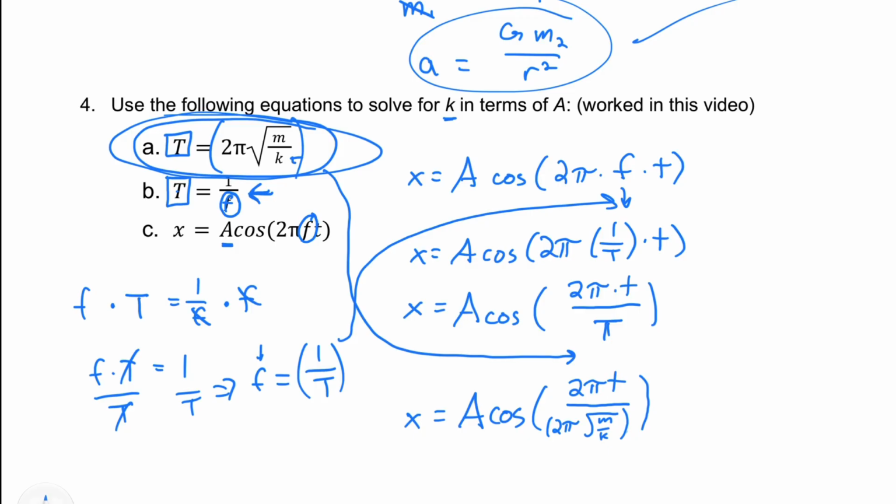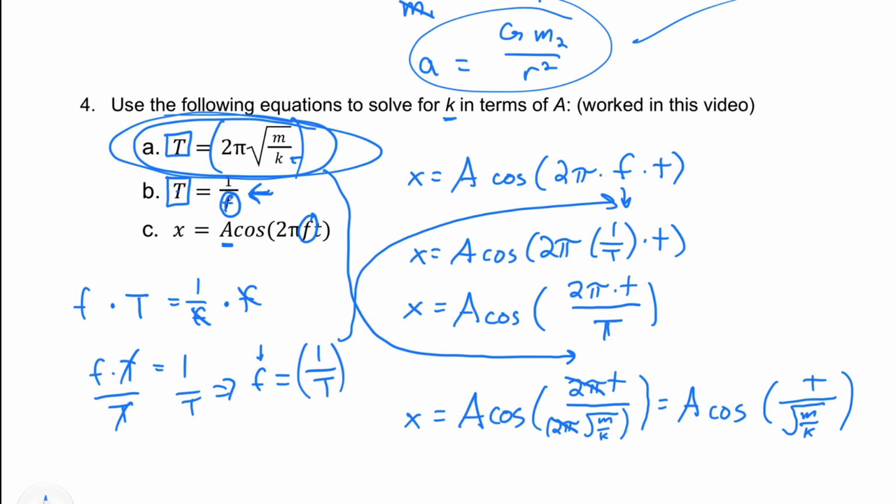And then we can start canceling some things out, right? So it looks like there are 2 pi's on the top, the numerator, and on the bottom, the denominator, in that term that's inside the cosine. So let's clean that up a little bit. So we get A times cosine, and all that's left on top is little t divided by the square root of m over k.